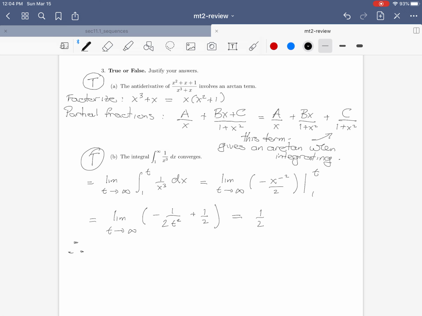So the limit exists, therefore the integral converges. And keep this in mind, we'll be coming back to this type of integrand a little bit later in the lecture.